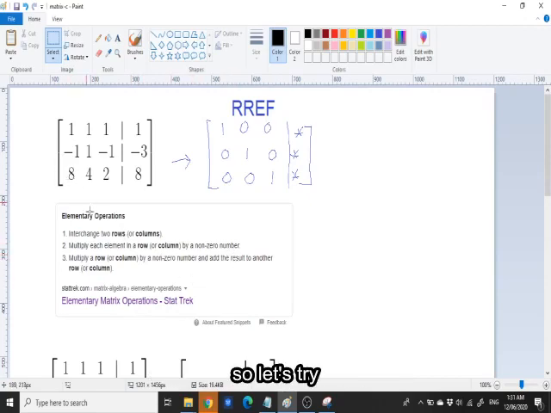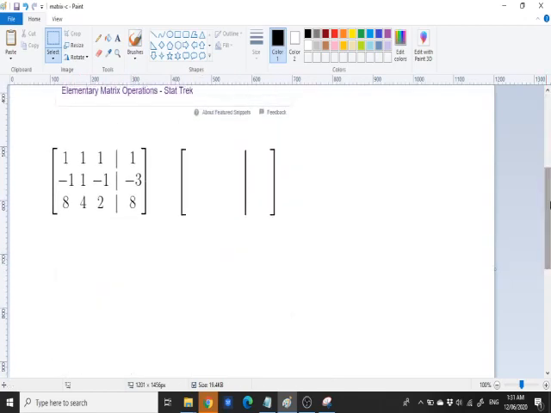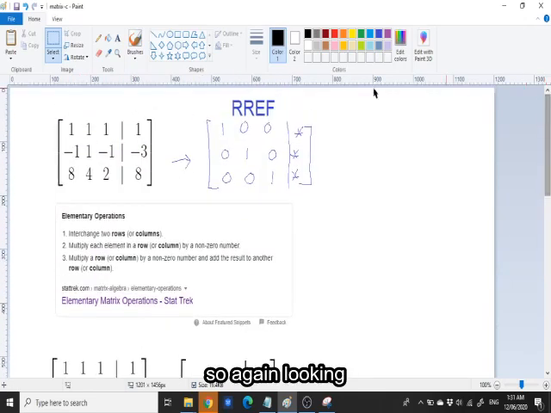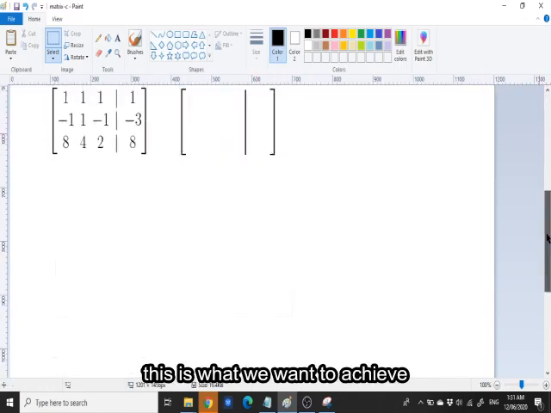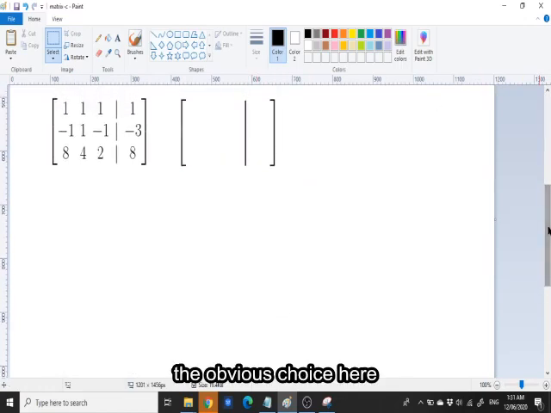Okay, so let's try. Again, this is what we want to achieve. The obvious choice here is to add row 1 and row 2.